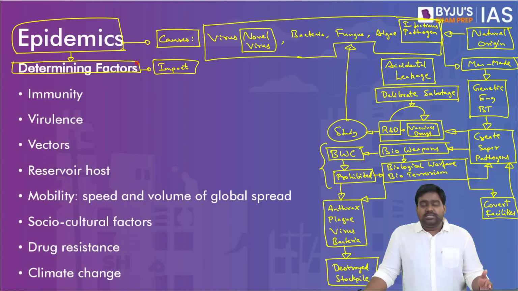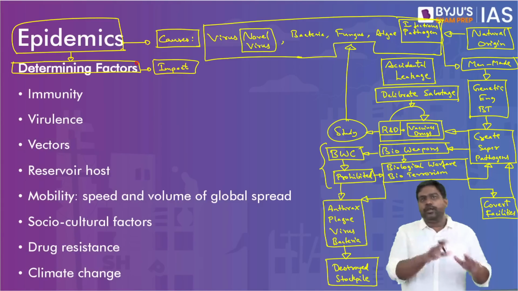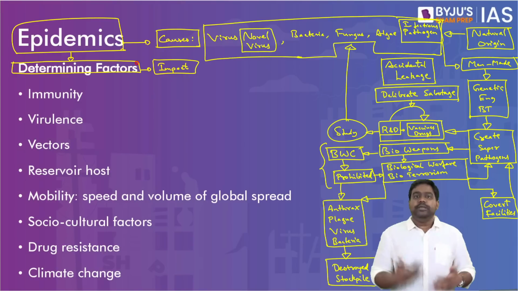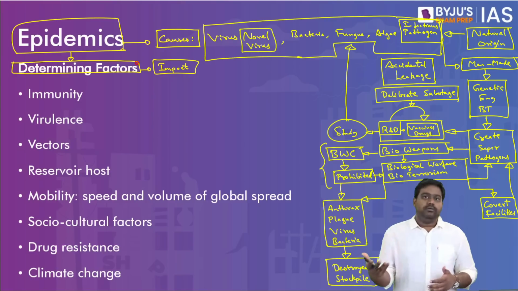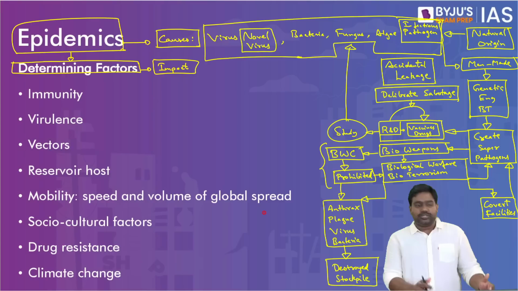Or terms like virulence, reservoir, vectors, or even terms like reproduction rate or R naught. All these terms have become common usage today because of COVID-19. I'm sure all of you are aware of this because you have read this repeatedly in newspapers, you have read about it online. So let us go through this once in a structured manner.